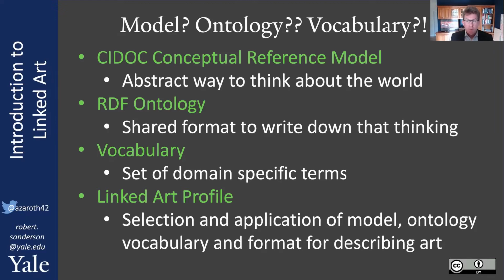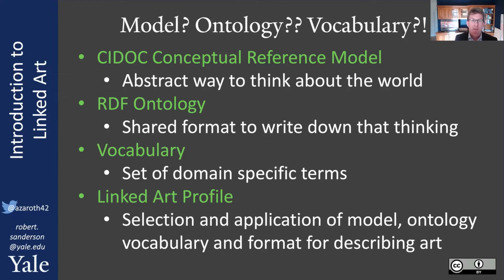So the model that we use is the CIDOC CRM, which gives us an abstract way to think about the world, and indeed has an RDF ontology, which is a shared format that allows us to write down that thinking in a particular way. One of the great benefits of the CRM approach is the core integration with vocabularies, which enables us, within a very controlled methodology, to extend and define the sorts of things that we're talking about.